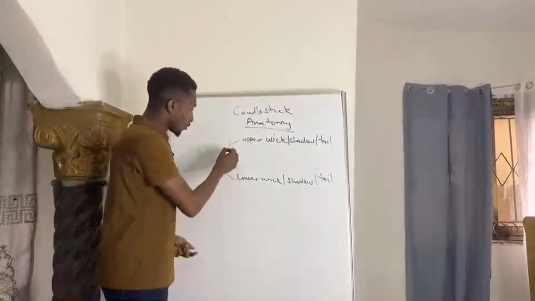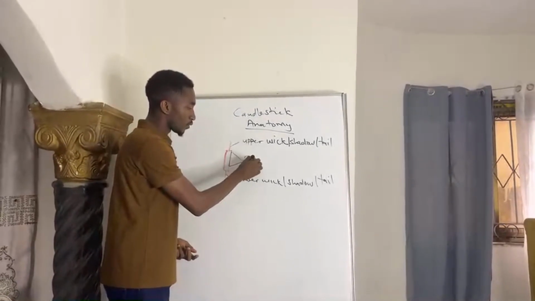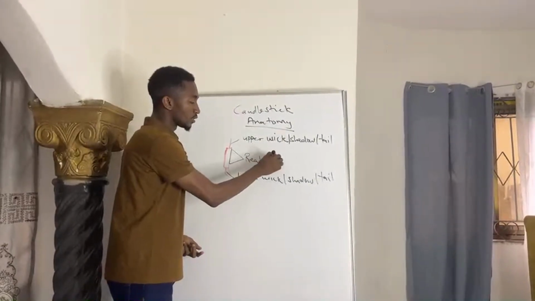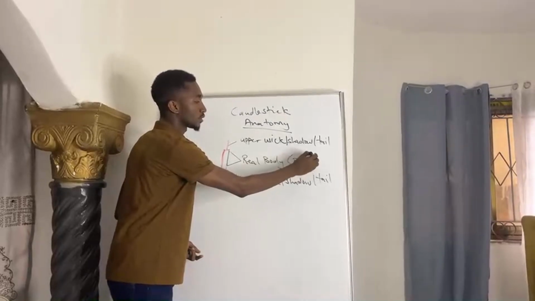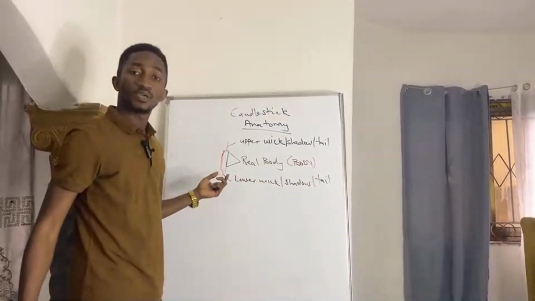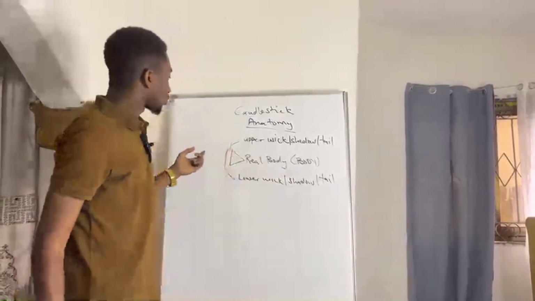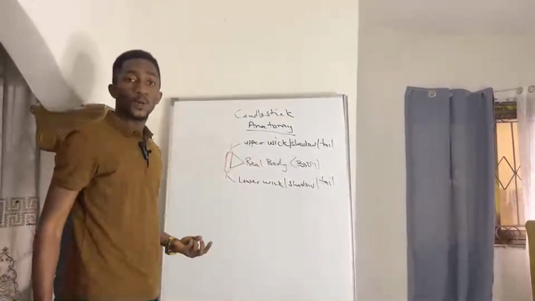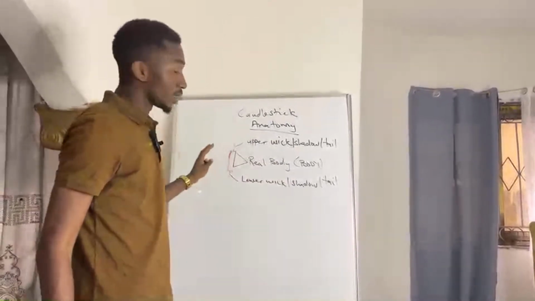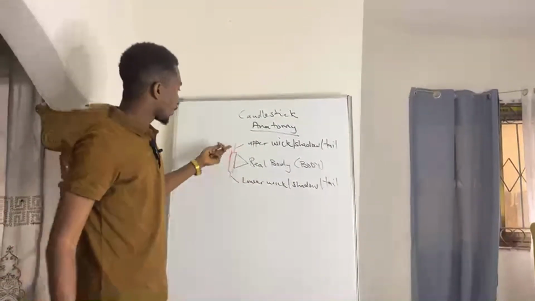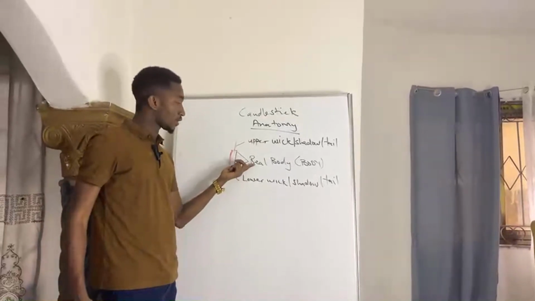Then when you come to this particular area, this is called the real body, or we say the body. You can just say the body, that is also fine. So we have three major parts here. We are going to come to the in-depth of each candle. We have the upper wick, we have the lower wick, then you have the body.